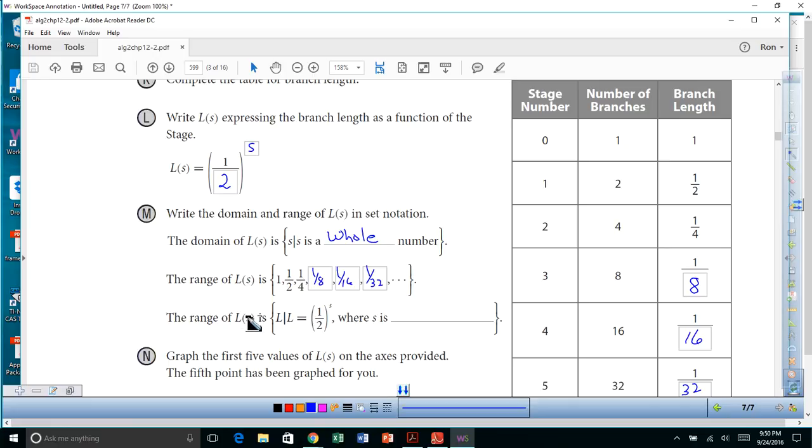The range of L of s is L such that L equals 1/2 to the s, where s is a whole number. Graph the first 5 values of L of s on the axis provided. The 5th point has been graphed for you.